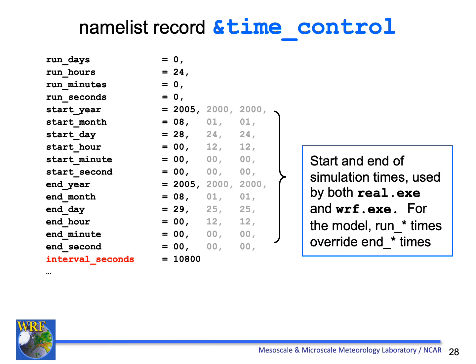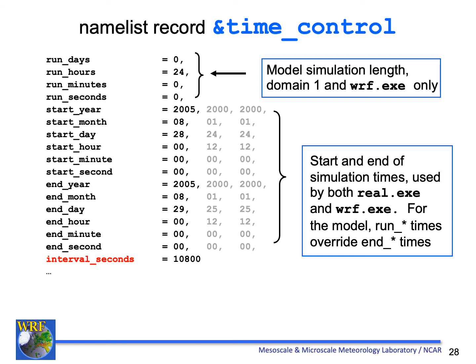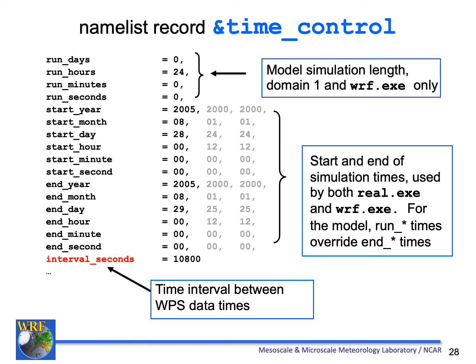The runtime variables can be used to set model integration length, but one can also use start and end times to control the simulation length if the runtime variables are not set. The input data interval is set by interval_seconds, which should match the same variable in WPS.